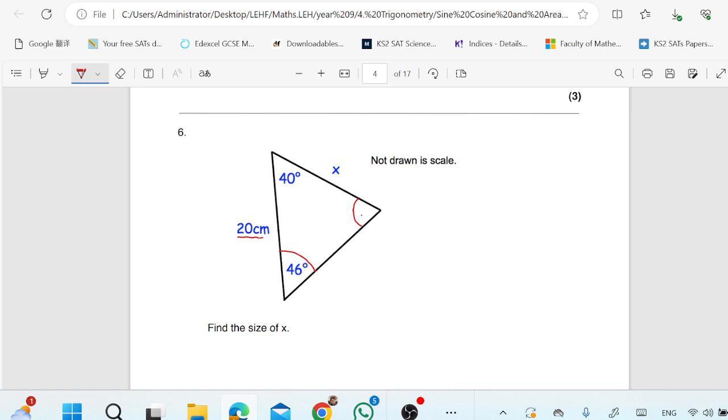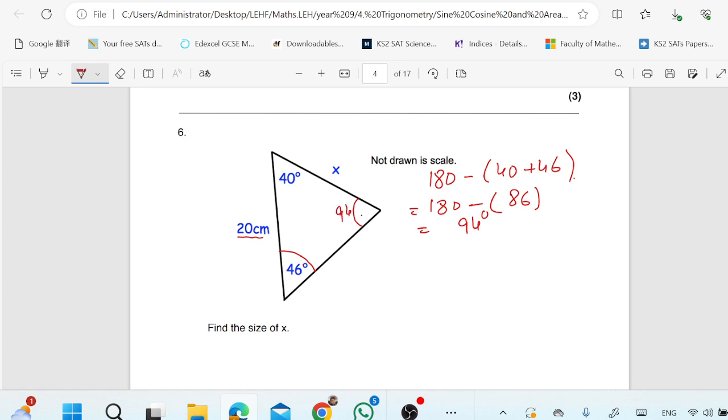To find this, remember that angles in a triangle add to 180. So you can do 180 minus 40 plus 46, which is 180 minus 86, and this will give you the angle here, 94 degrees.